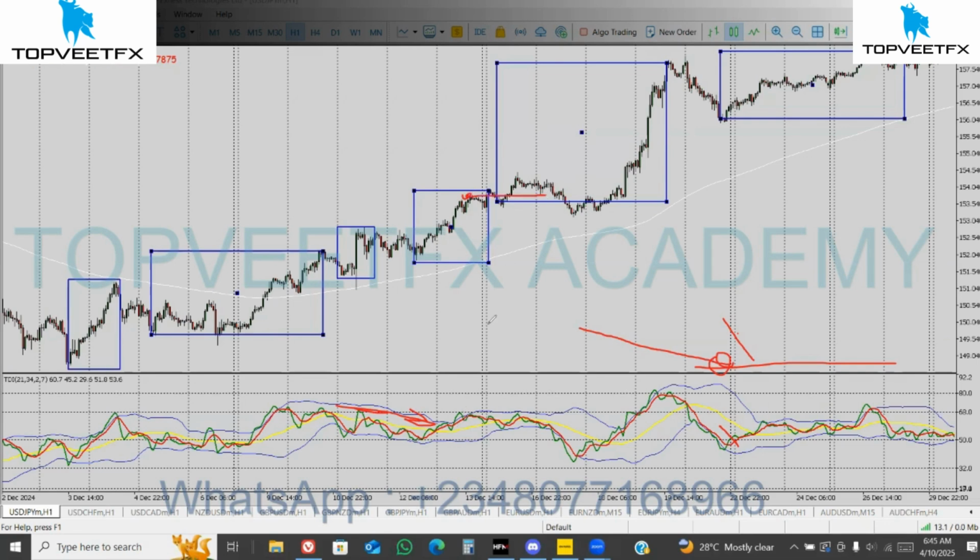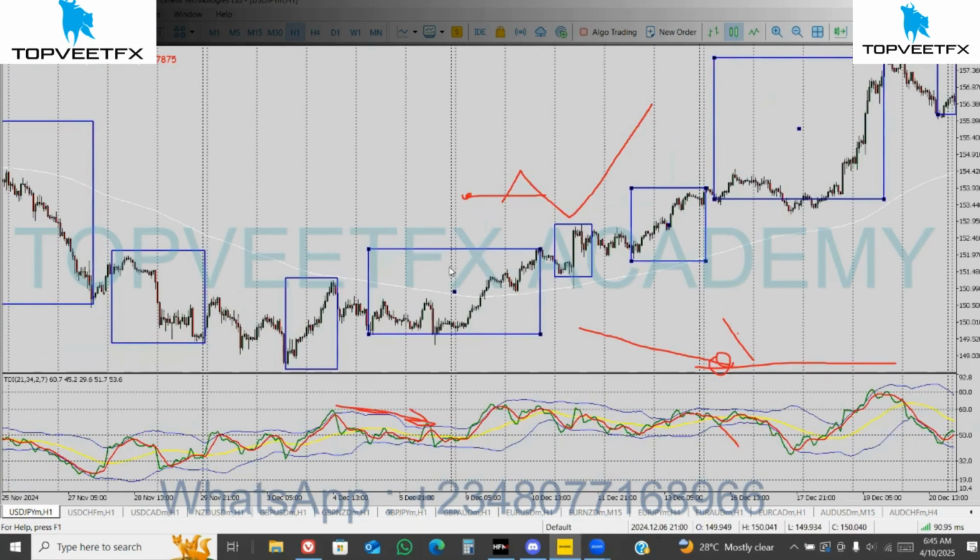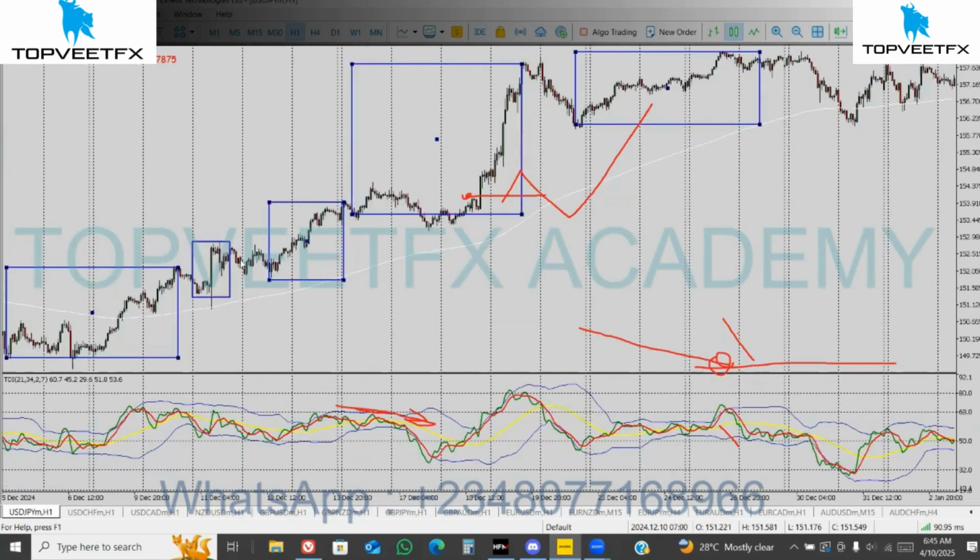When we make our entry there, the price went up and later dropped, and when it dropped, it just pushed to the top. It pushed to the top, meaning that when we counted this level here, we counted level one, two, three. Then the price came here to reset and give us a push to the top.